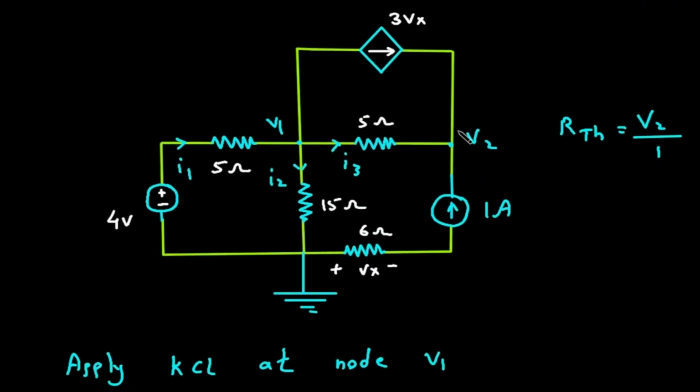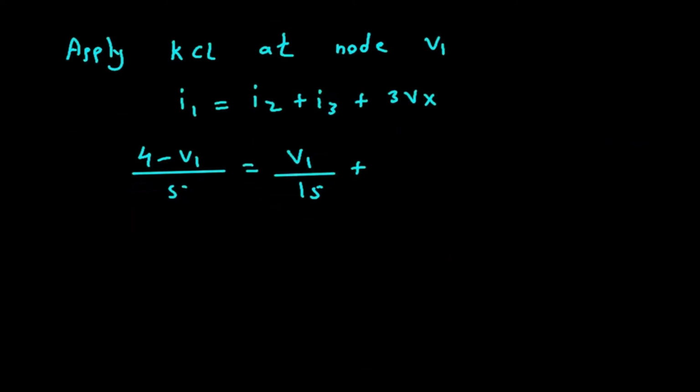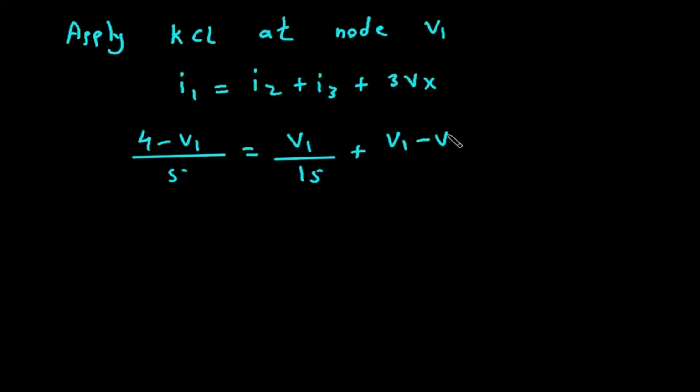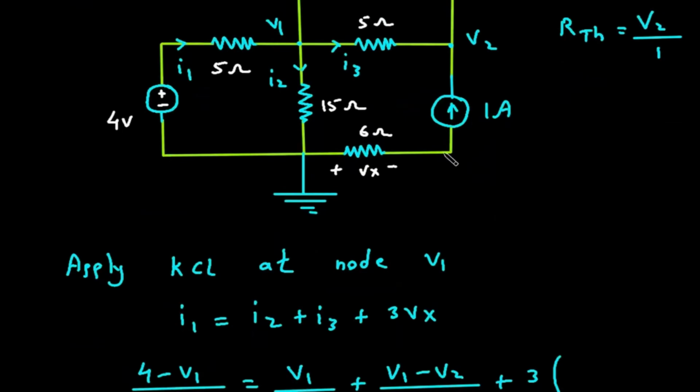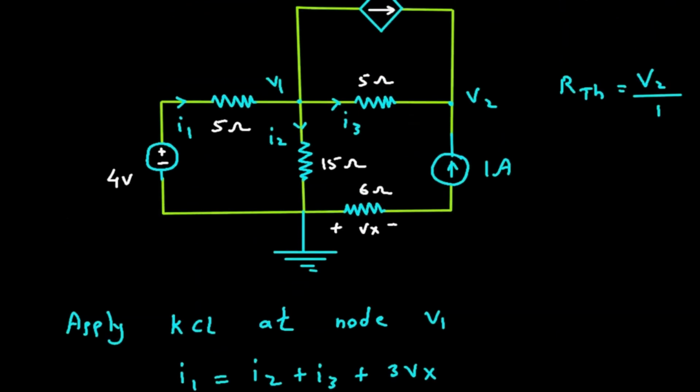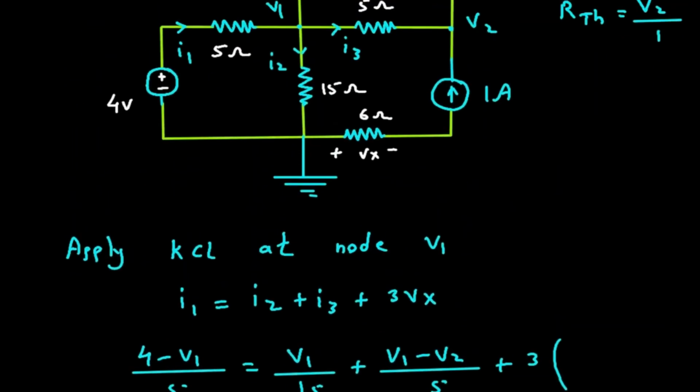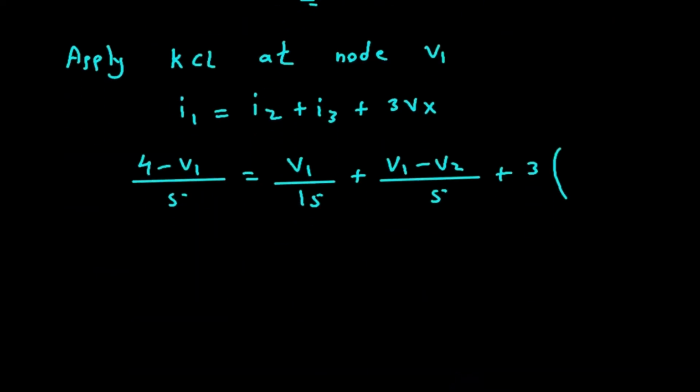I3 is V1 minus V2 by 5 plus 3Vx. Now this Vx is equal to 6 into this current. So 6 into 1 is directly Vx is equal to 6 volt.